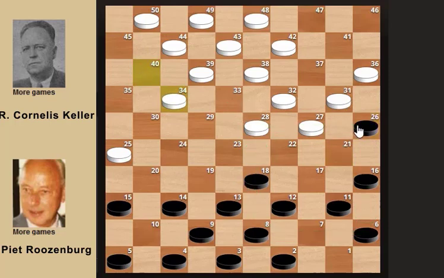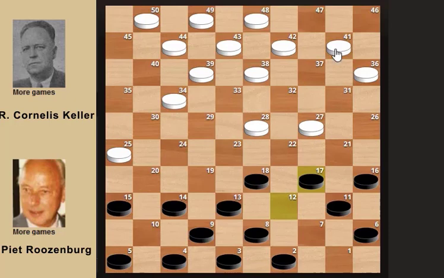Then the move was replied by playing 40-34 by Keller. So Roozenburg had to take that piece, and then the exchange was made. So the current position of Keller's piece is at 41.